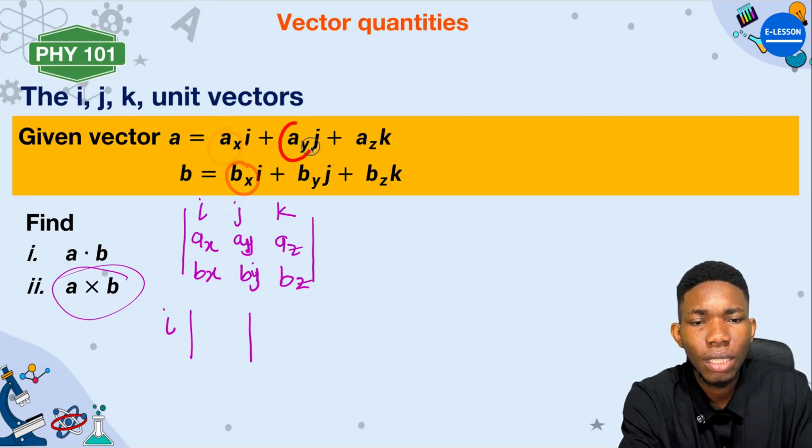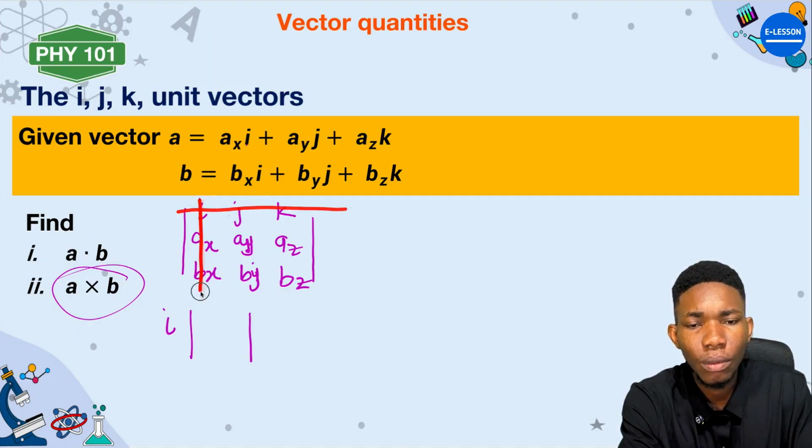Under J, put AY and BY. Under K, put AZ and BZ. Then first, take I out. Rule two lines like this. Then for I, cancel what you have on the column for I and cancel what you have on top.